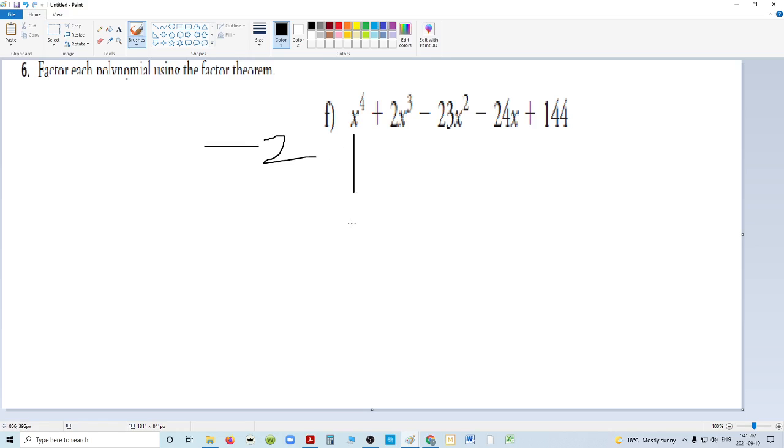So negative 2 here is 16, and then it's going to be a negative number here. It's going to be negative 16, so those cancel out. Over here, it's going to be 2, 4, 46, oh, it's going to be a negative number. It's going to be 4 times 23, which is 92, negative 92. And this is going to be a positive number, plus 48.